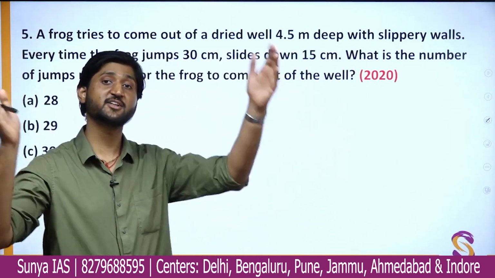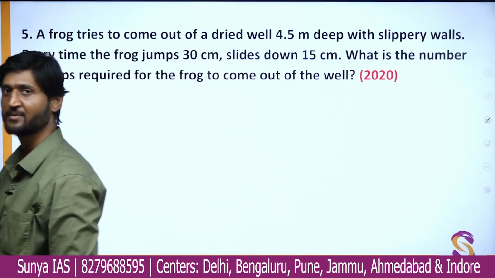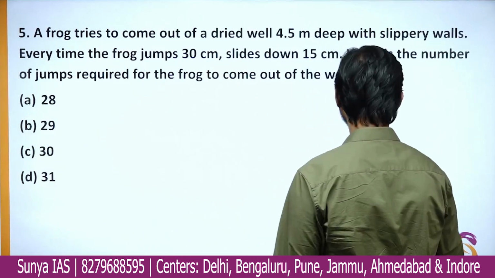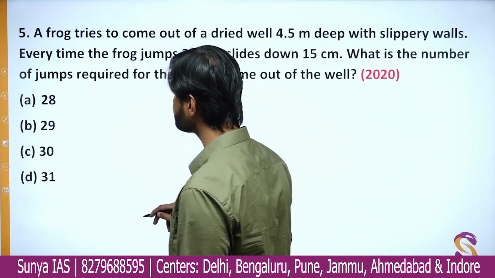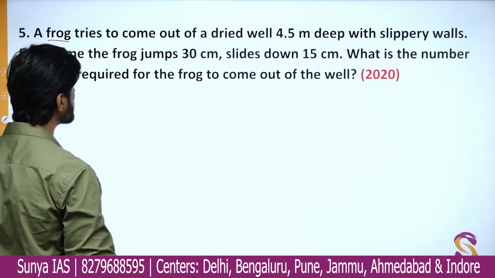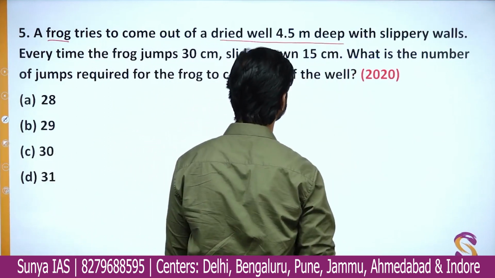That is, further in the miscellaneous category, they are more miscellaneous than ever. Okay, so now as you can see, we have the fifth question, and let us try solving it. So we have a frog which tries to come out of a dried well which is 4.5 meters deep with slippery walls.